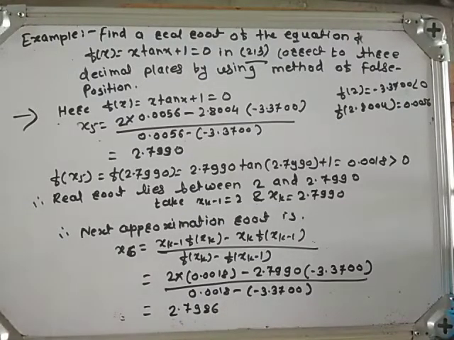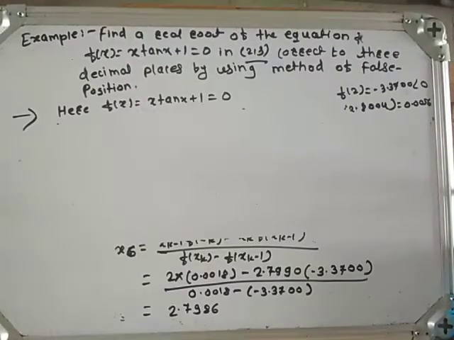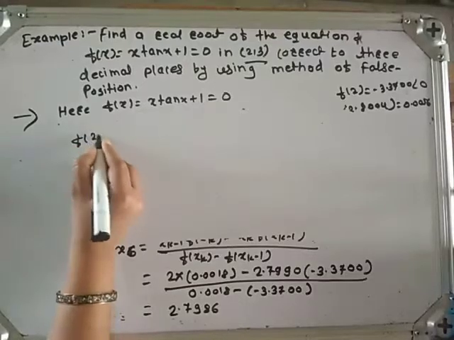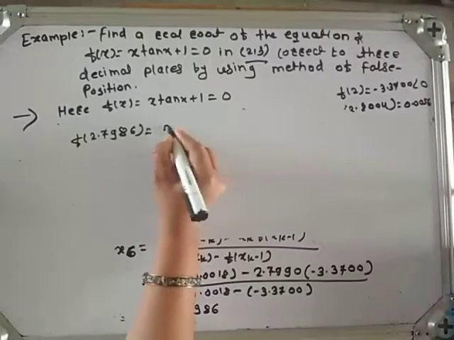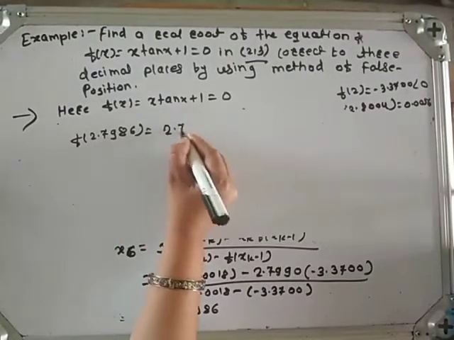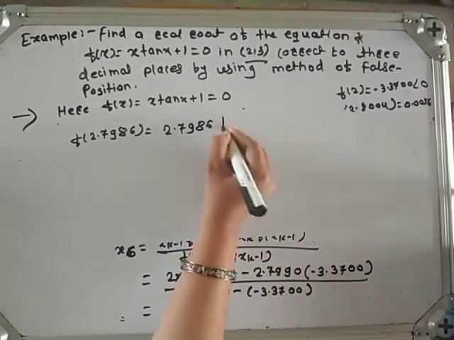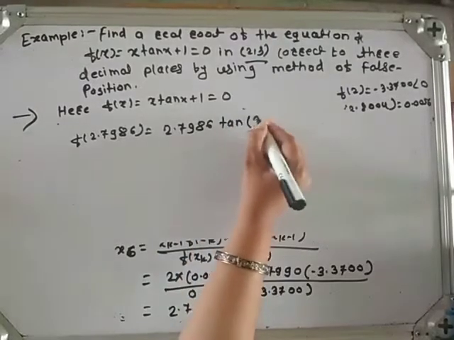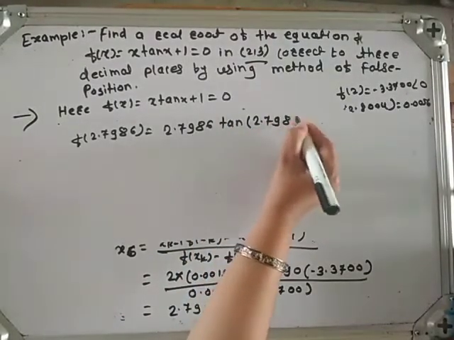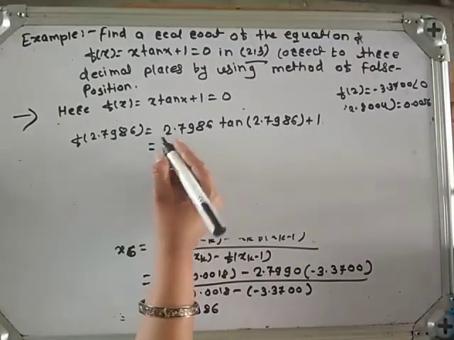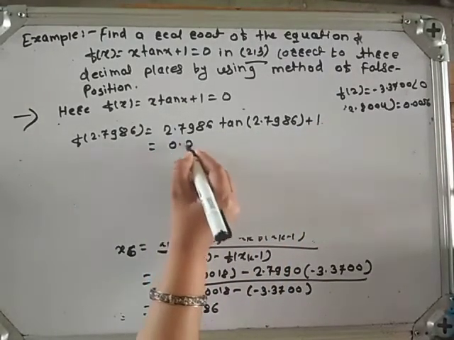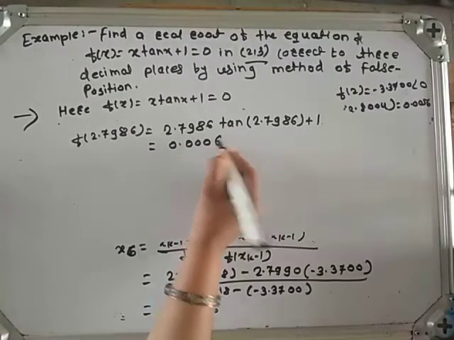Now calculate f of 2.7986, which is equal to 2.7986 into tan of 2.7986 plus 1, which is equal to 0.006.